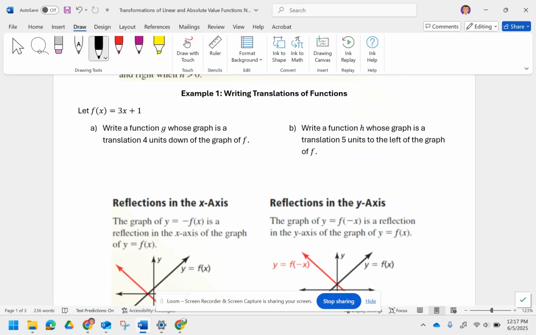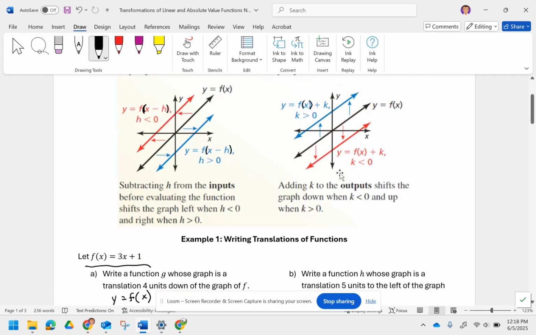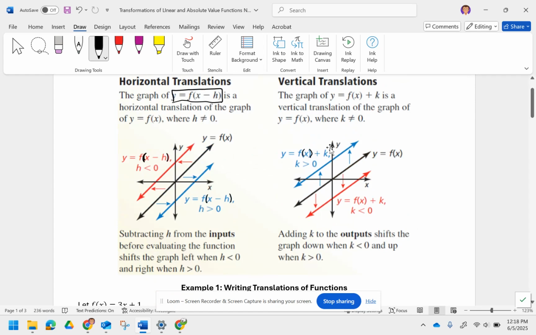We've got f of x is equal to 3x plus 1. We want to write a function g whose graph is a translation 4 units down of the graph of f. So we are going to take, let's say, y is equal to f of x, and now we want to go up and down, and so we are going to use this vertical translation.